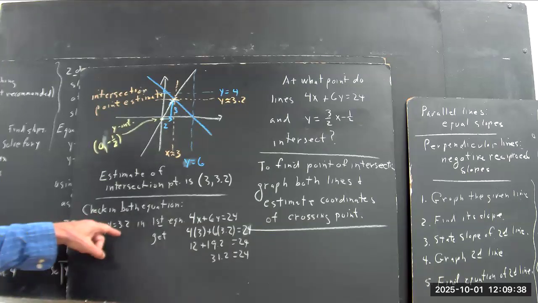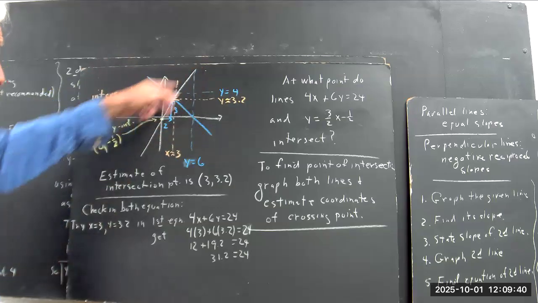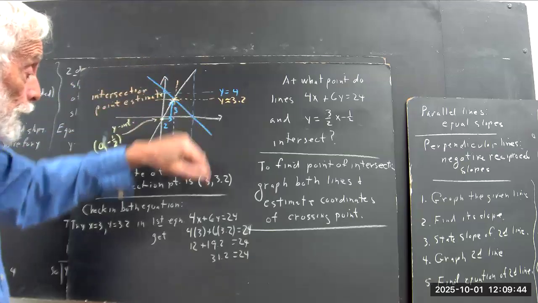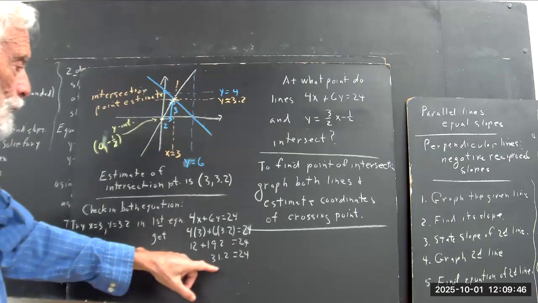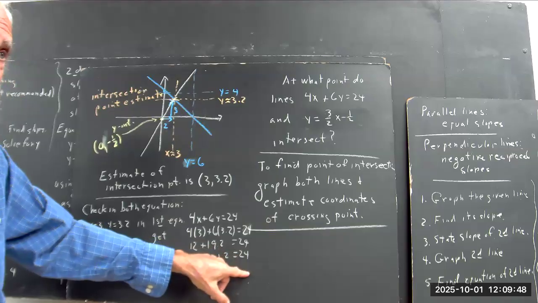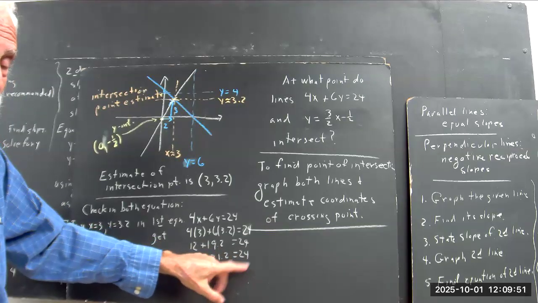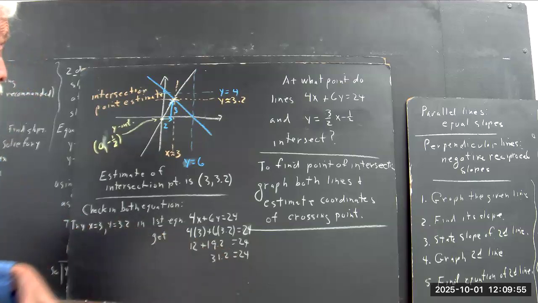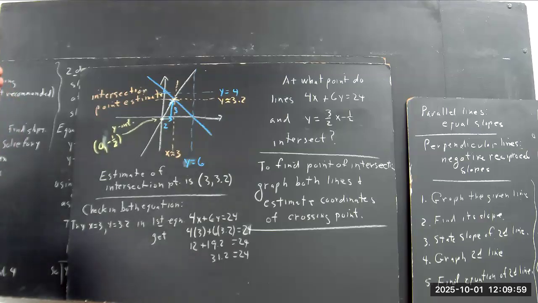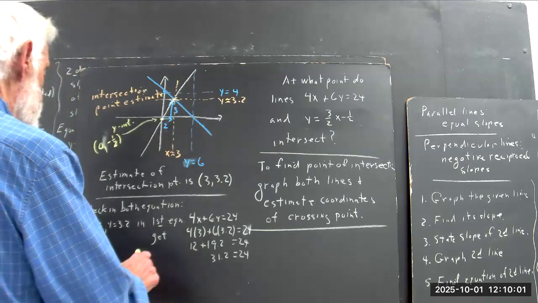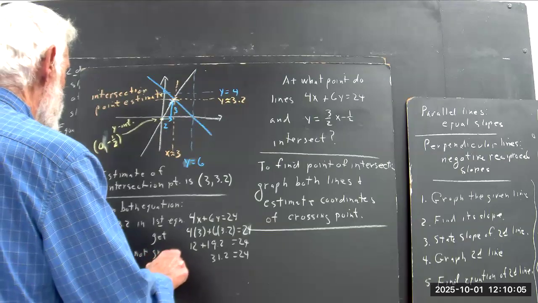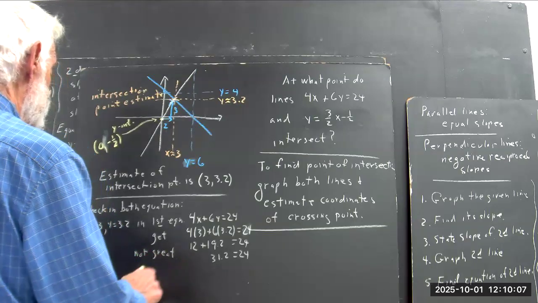If we put the coordinates of a point that's supposed to be on both lines into the equation of the first line, we should get something that's a lot closer to being equal than this. If the point is exactly correct, we should get this exactly equal to this. Okay, so not great.